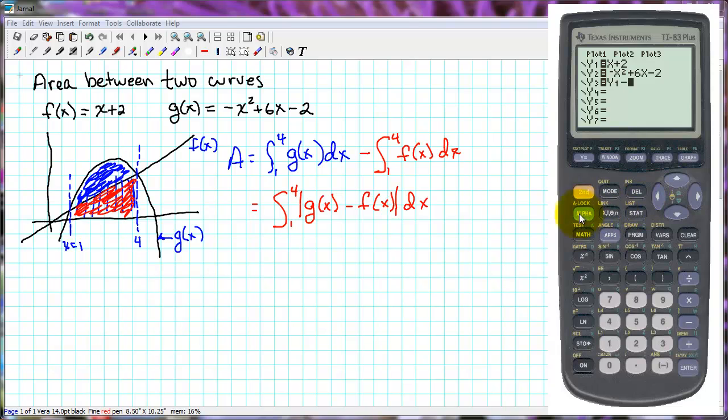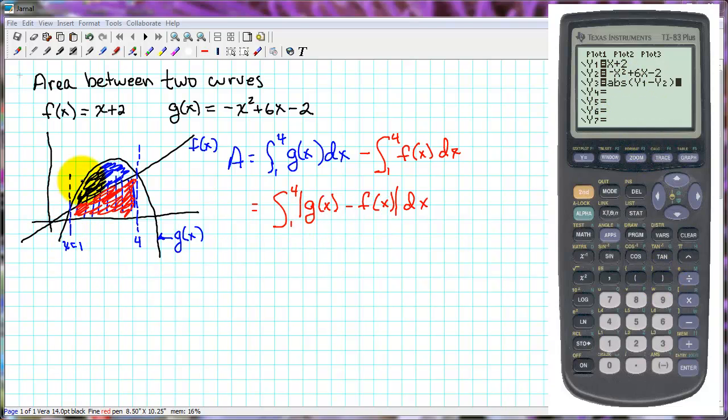Now again, if I was doing this properly, I might be worrying about which function is on top, in which case, to match what I have here, I should be taking y2 minus y1. So I need to fix this either by changing that order, or as I said, I'm just going to fix this by inserting in here the absolute value function, and that way, since it's an area, we don't want a negative answer, we need a positive answer.